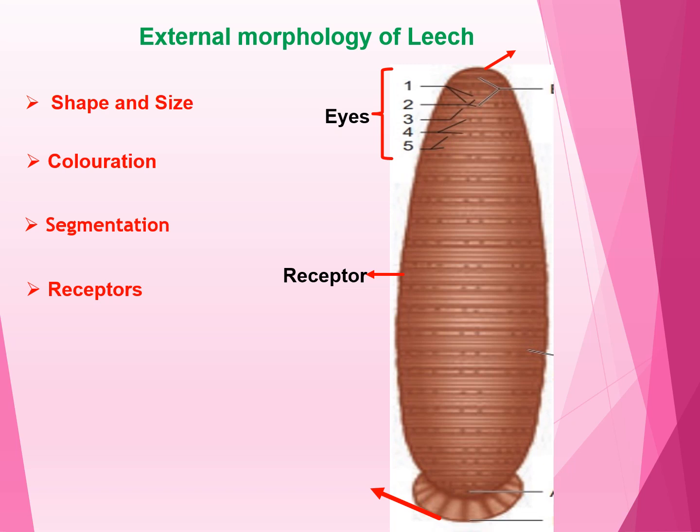Segmental receptors are located in the first annulus of each segment. Each segment has many ring-like structures, many annuli.